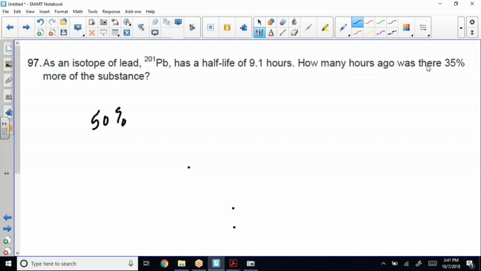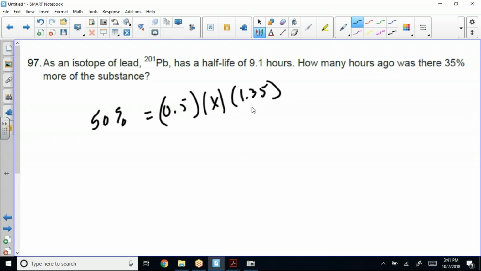Well, let's see. If you take 50%, which is 0.5, and ask how many hours ago there was 35% more of the substance, so that amount plus 35%, this is the way I'm doing it: times 1.35.